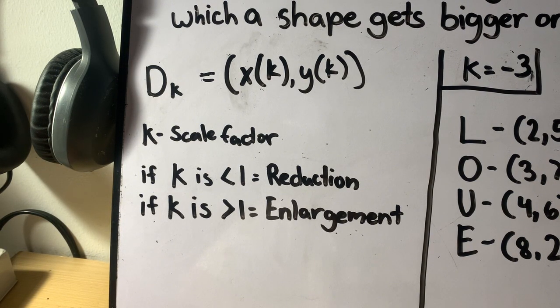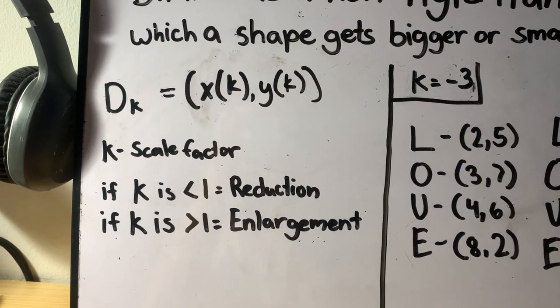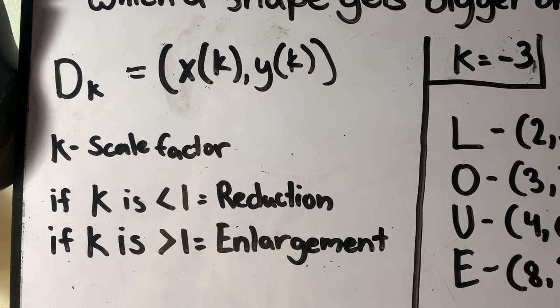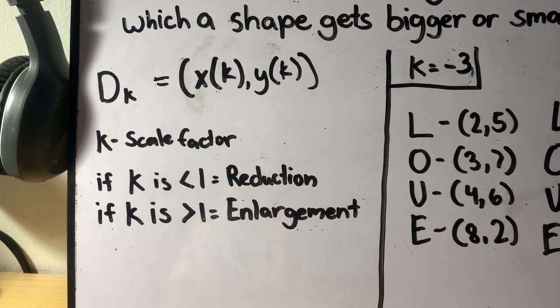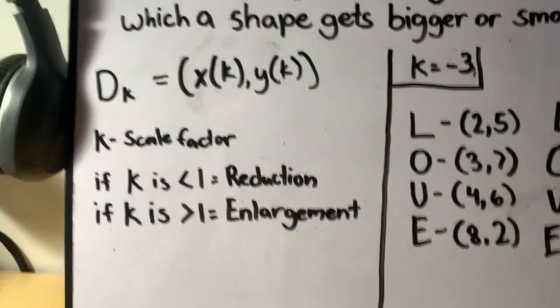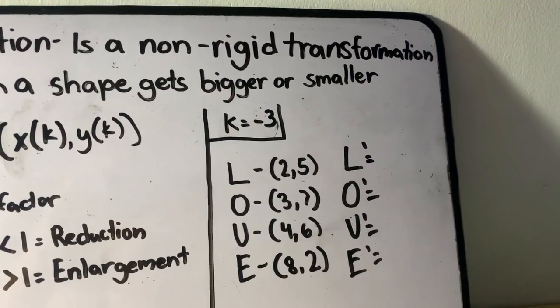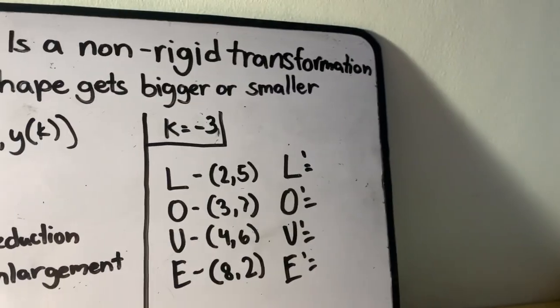And if K is greater than 1, that's what we call enlargement, so that would be 2 to infinity. And for K less than 1, it's -2 to negative infinity. Because if it's 1, it's just retained.